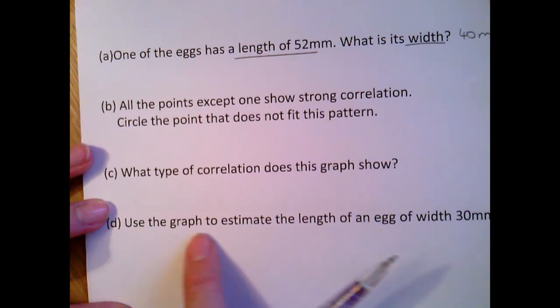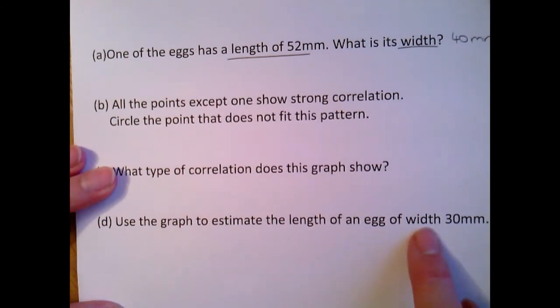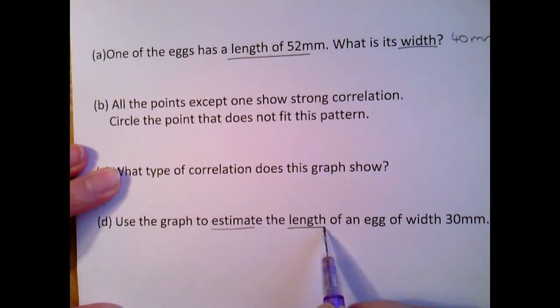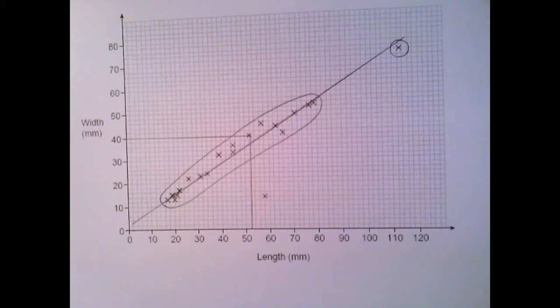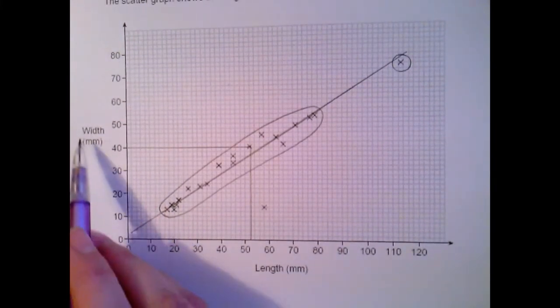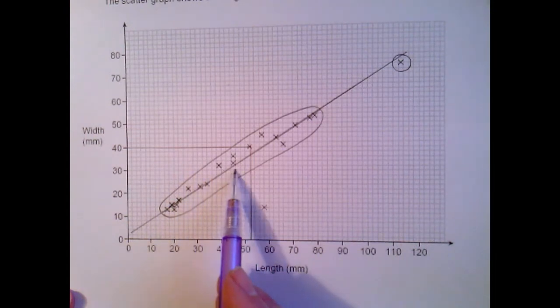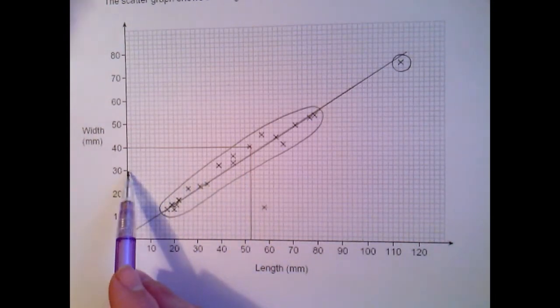Then part D, use the graph to estimate the length of an egg with a width of 30. So if you go to a width of 30, the reason this is going to be an estimate is because there were no eggs that had a width of 30.